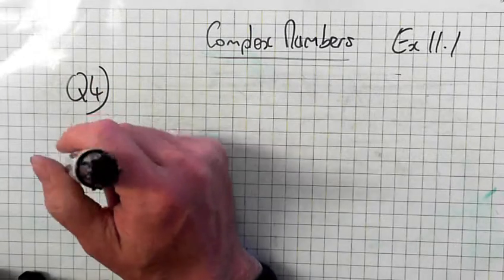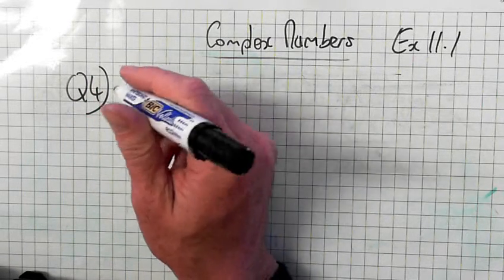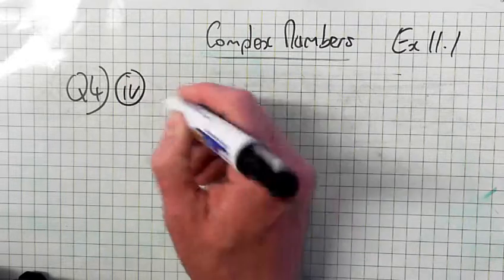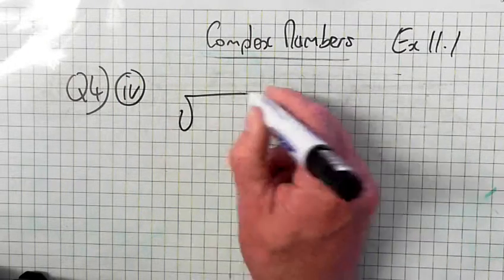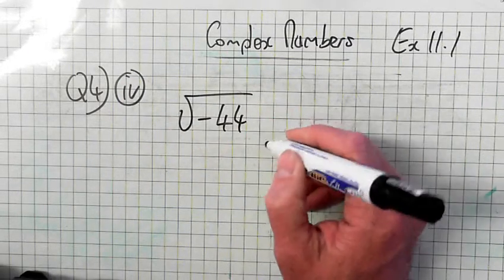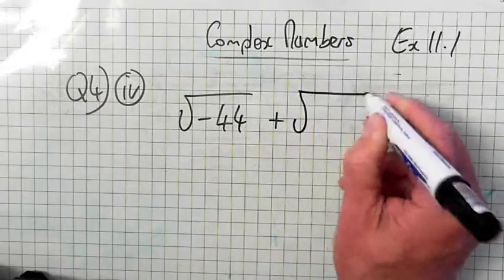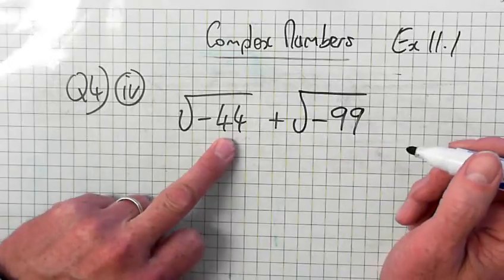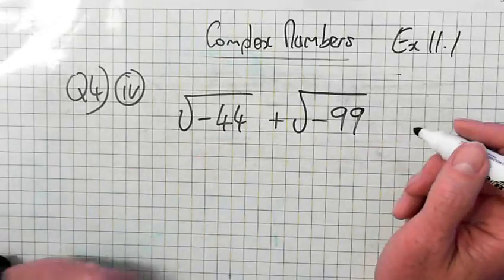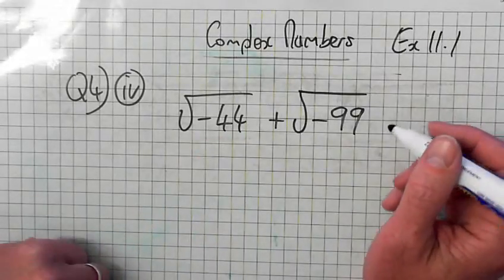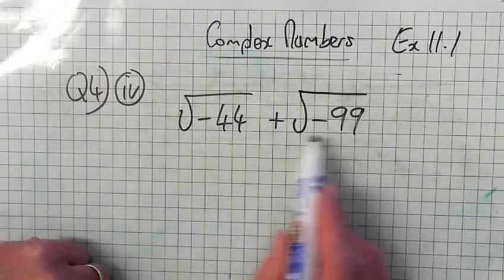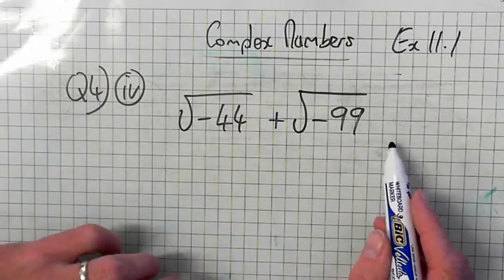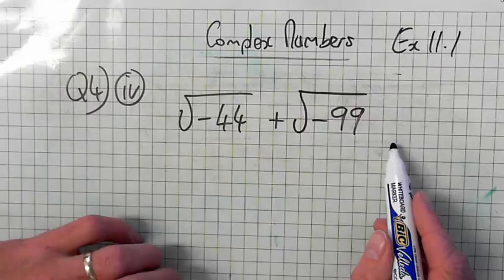Question from question 4. For example, we'll do part IV, the last bit. Minus 44 plus the square root of minus 99. Right, so for 44, we'll take a square number. Well, what number will divide into both, first of all? 9, 3. Bigger than that?